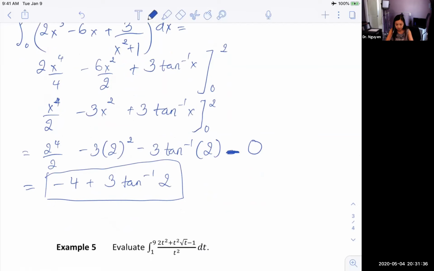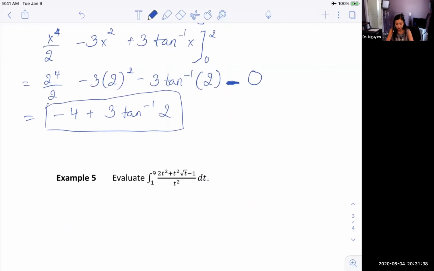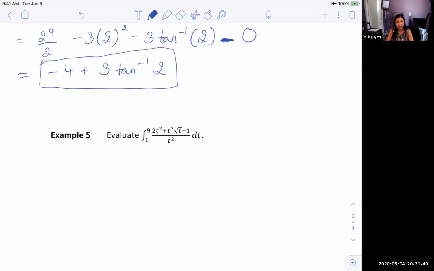All right, moving on to the next example. As you can see right here, the next example, in 4.9, I gave you something similar. So before you do anything, make sure you simplify it, right? We definitely need to simplify the function. If I simplify the function, 2t squared divided by t squared, that's just 2, right?